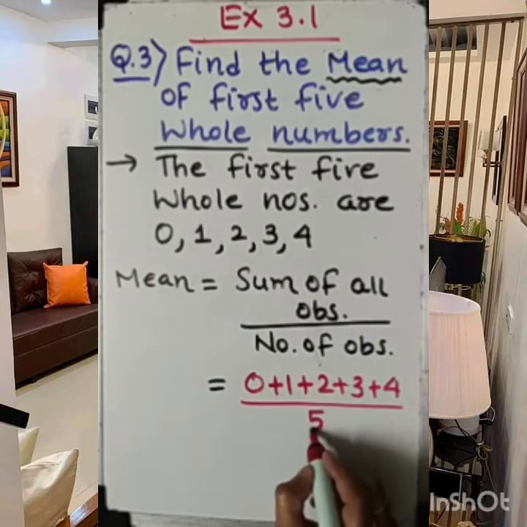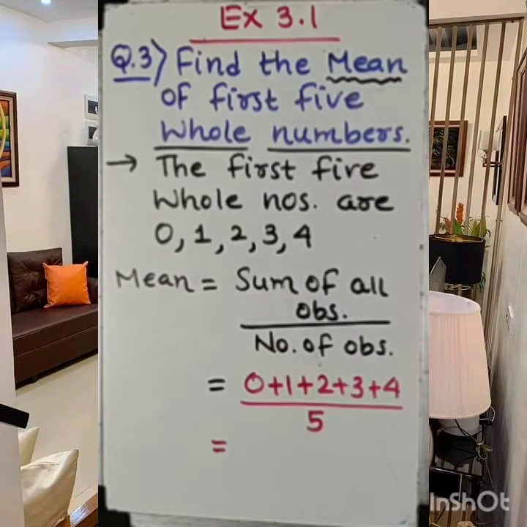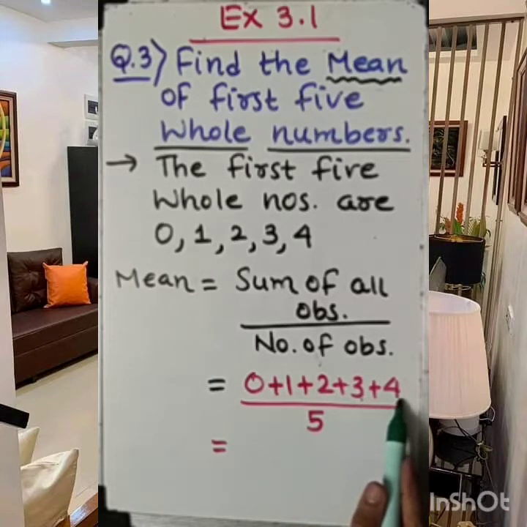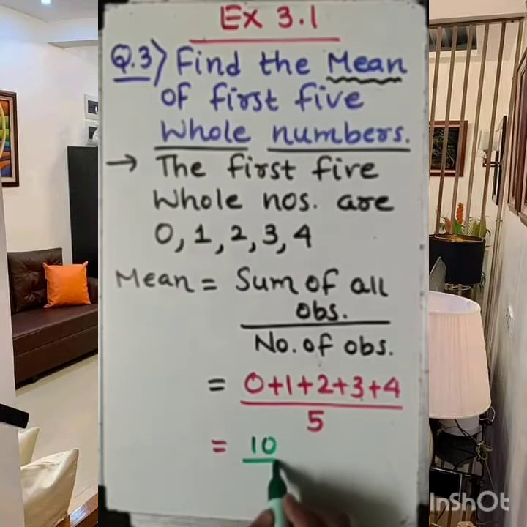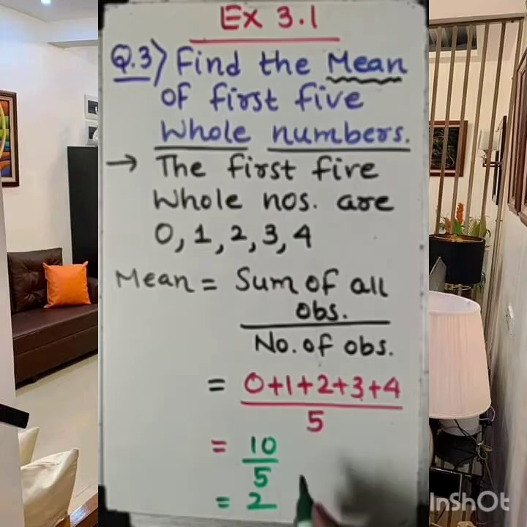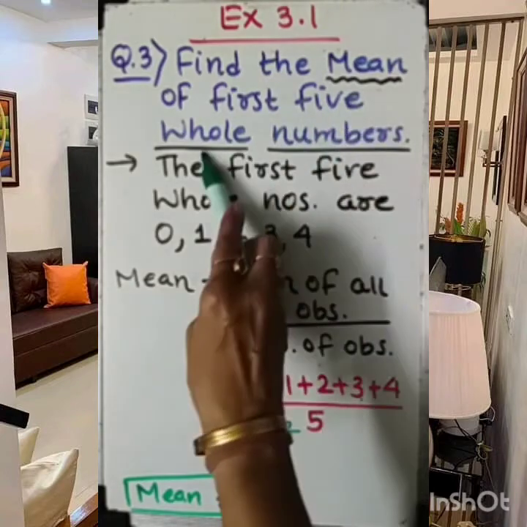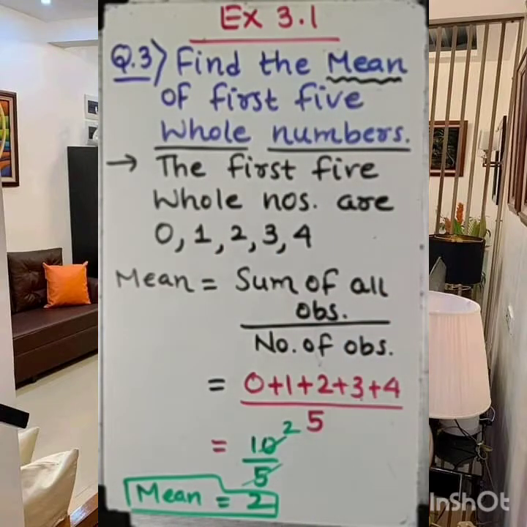Okay, so 5 observations are there. Now let's add these numbers. 1 plus 2, 3, 3 plus 3, 6, 6 plus 4, 10. So 10 divided by 5, we know very well it is 2, because 10 is divisible by 5. You can cancel also this way. So the final answer, mean equal to 2. So clear? We need to mention, therefore the mean of the first 5 whole numbers is 2. Clear?